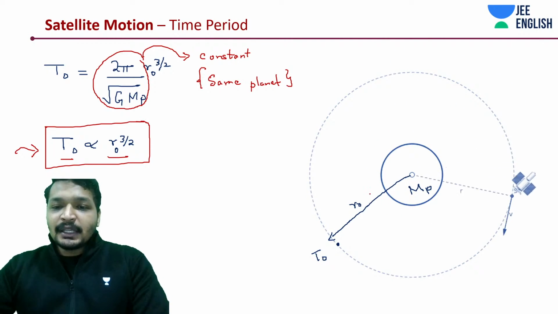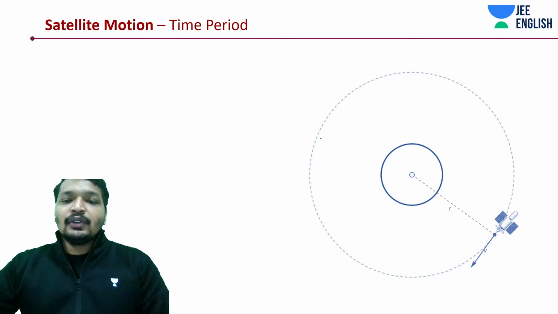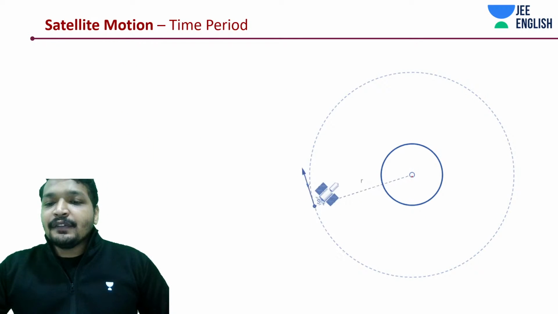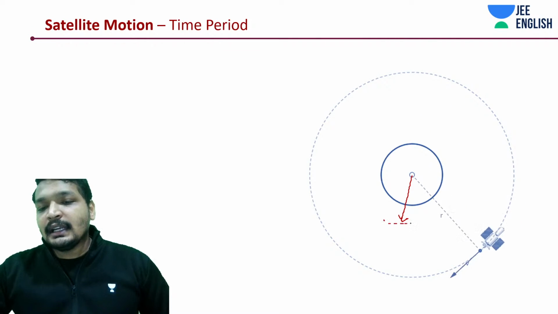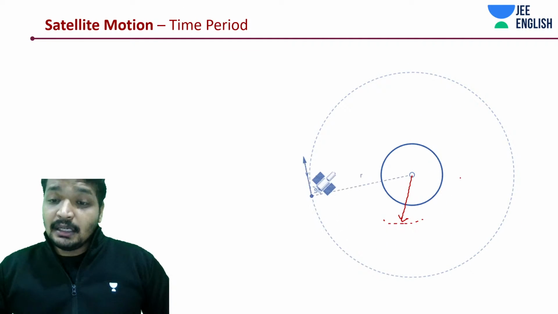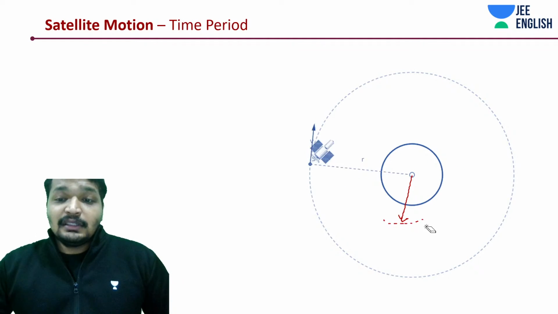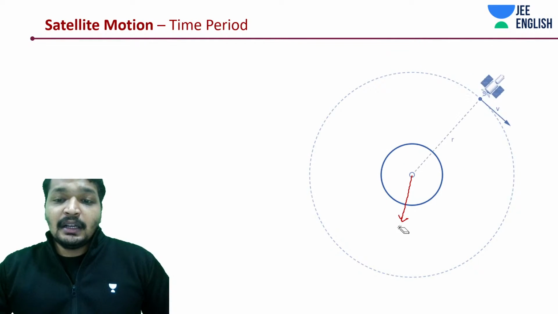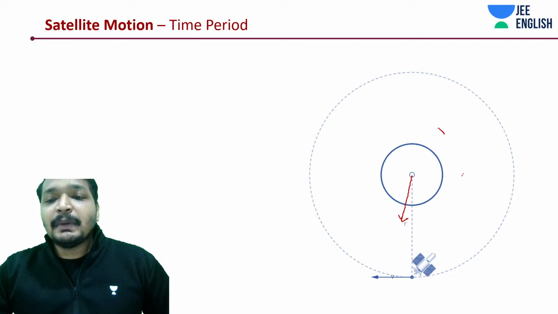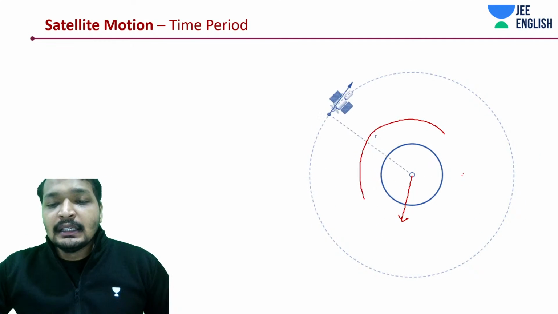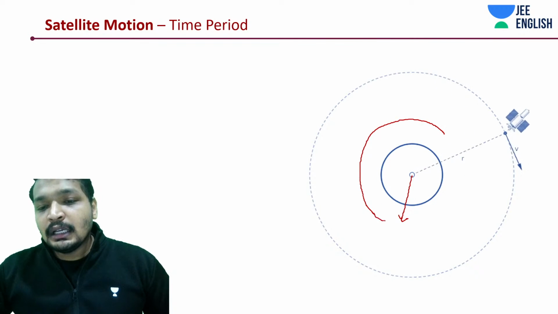Let's say you have another satellite, maybe even of different mass. Speed is not influenced by your mass, but just by the distance from the center of the planet.